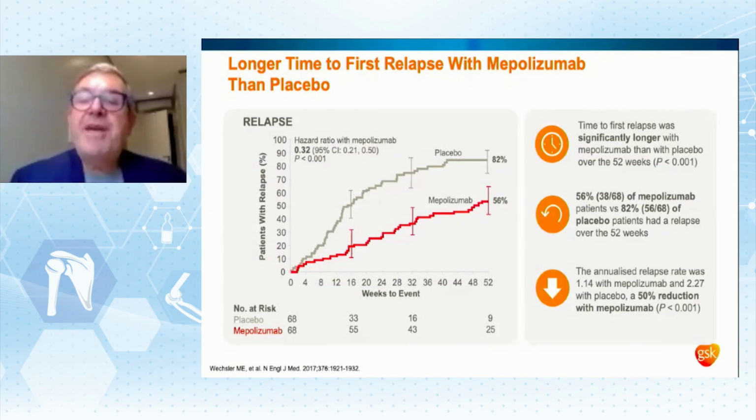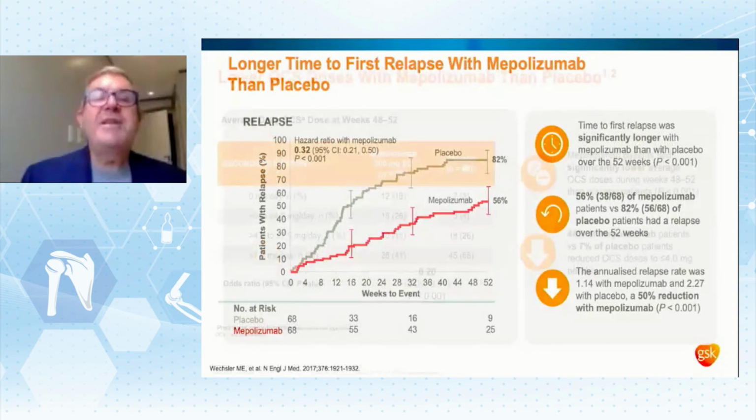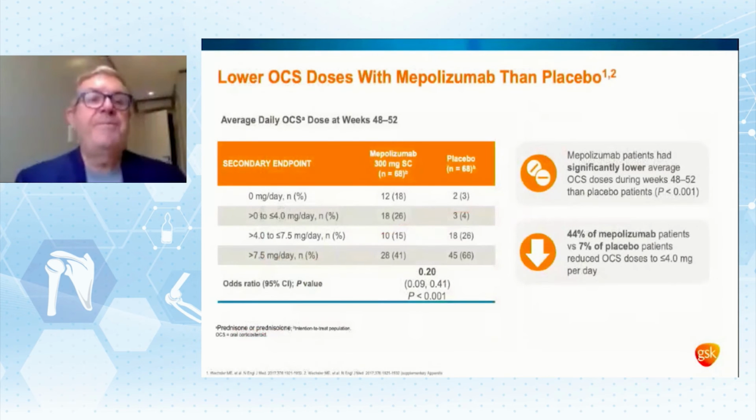The annualized rate of relapse was 1.1 with mepolizumab and 2.3 with placebo, a 50% reduction in the annualized relapse rate.